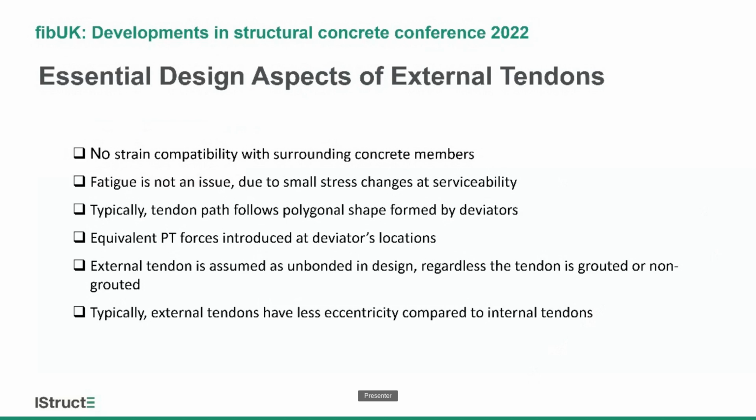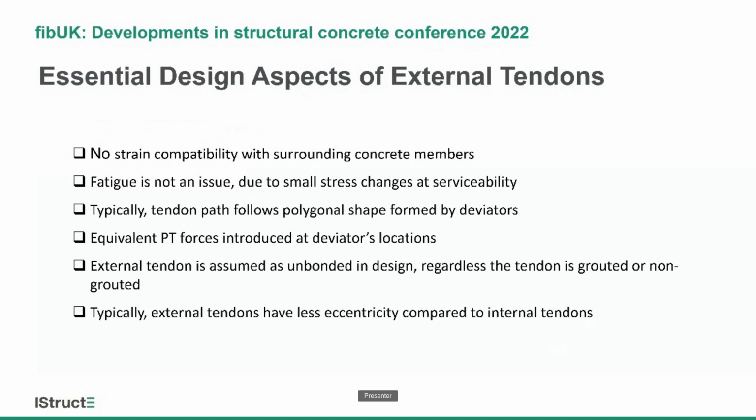We can easily calculate forces, but we have to consider them at all the anchorages and at all the deviation points. And then, of course, we need to have special care in how exactly it is installed and so on. There are some tolerances considered, but overall it is quite easy. Maybe one disadvantage is that we have less eccentricity compared to internal tendons.